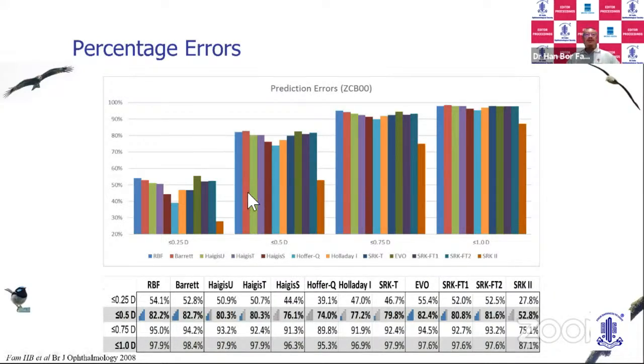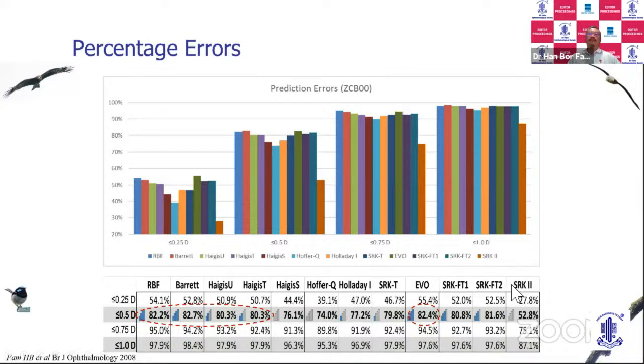This is the percentage of prediction error. In the past, we looked at 1 diopter. Today, we should be looking at half a diopter because the formulas have improved so much. So what we are looking at here, you can see RBF, Barrett, high gaze are over 80%, together with EVO over 80%.